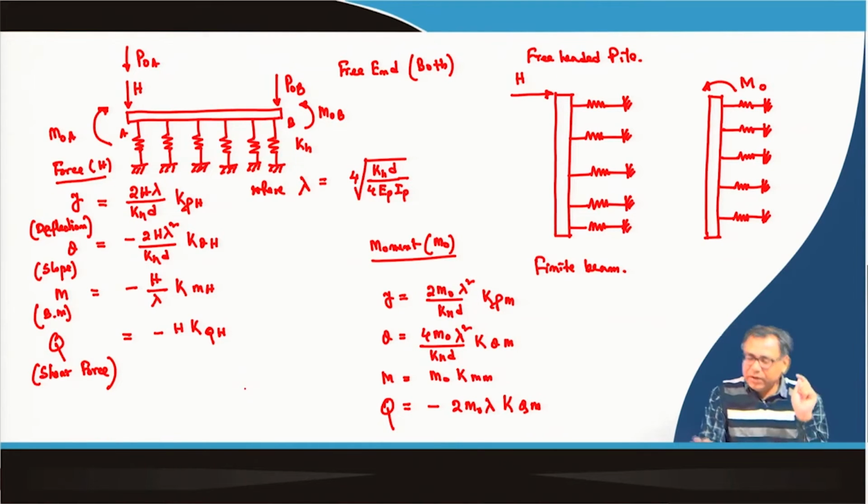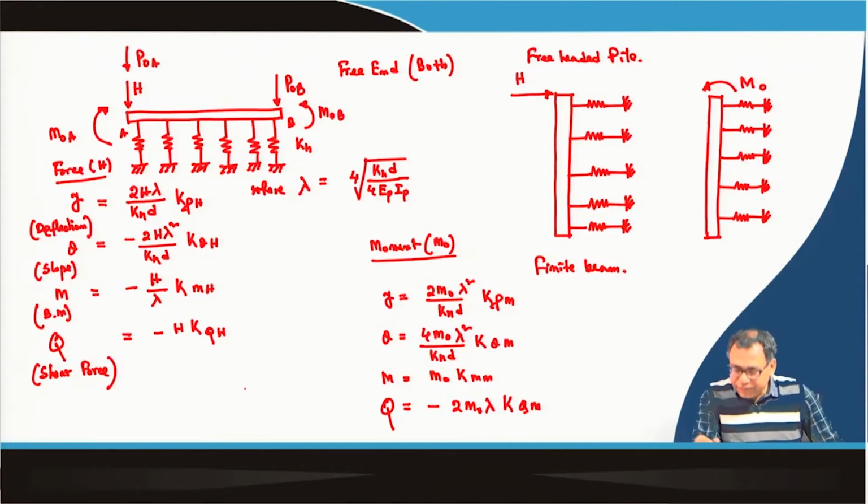For M0 also, we have to apply 4 end conditioning forces such that the net shear force and bending moment will be 0.